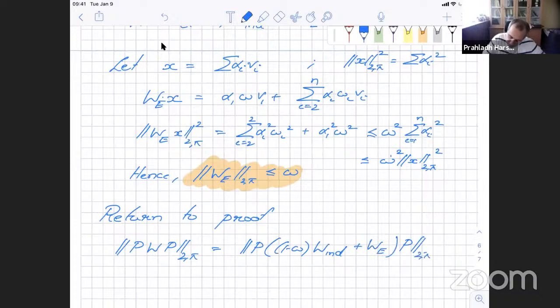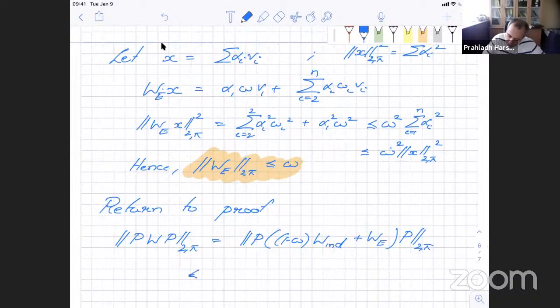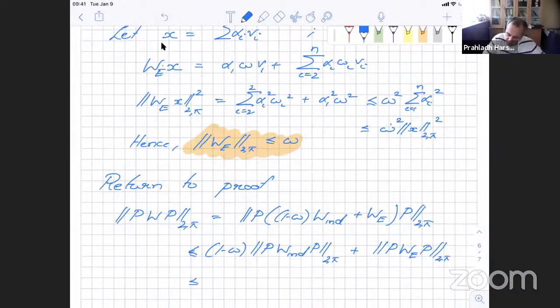This is less than or equal, by triangle inequality, to 1 minus omega PW ind P 2 pi plus PWE P 2 pi. This, we saw, was exactly mu. We had already proved this, W and P. What is this? This is P 2 pi into WE 2 pi into P 2 pi.